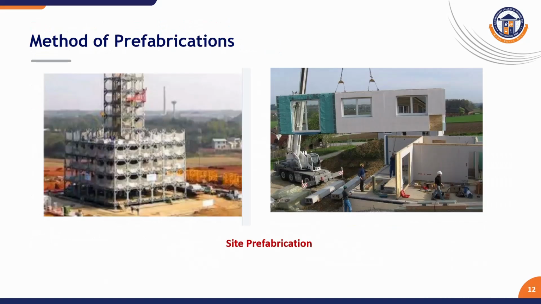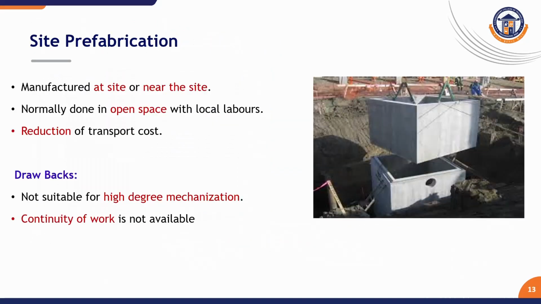In site prefabrications, the components are manufactured at the site or near the construction site. It is typically performed in open spaces using local laborers, and it reduces the transportation cost, but it lacks the high mechanization and continuity available in factory production.